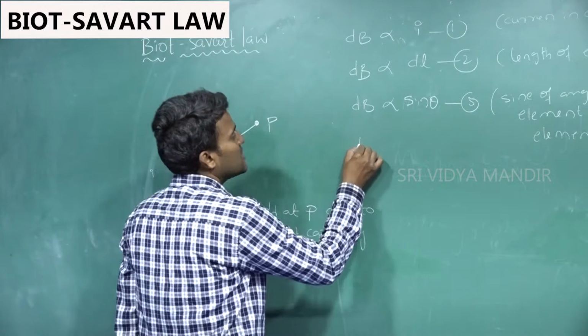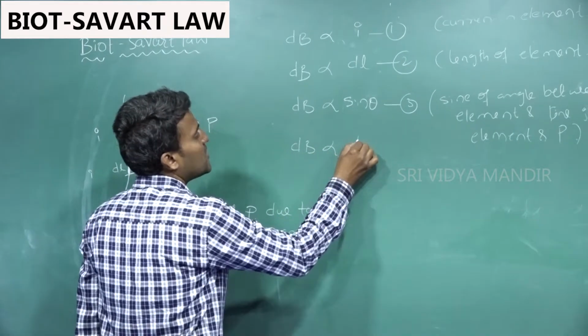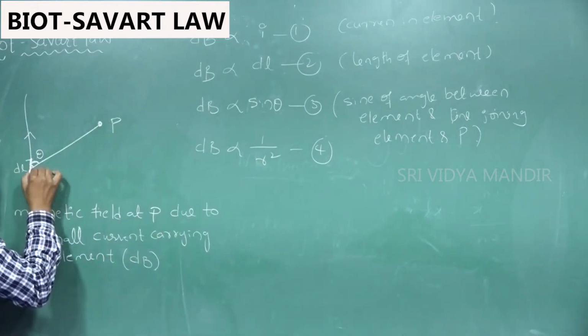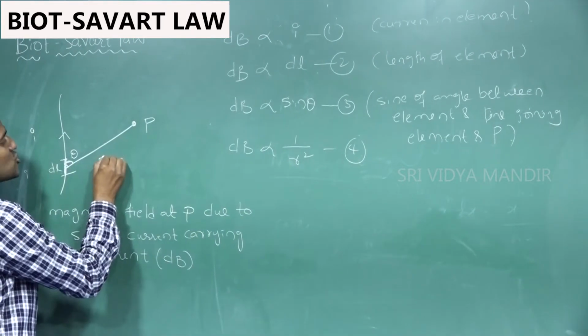Next, the magnetic field dB is inversely proportional to the square of the distance between them. The distance between these two points is r.